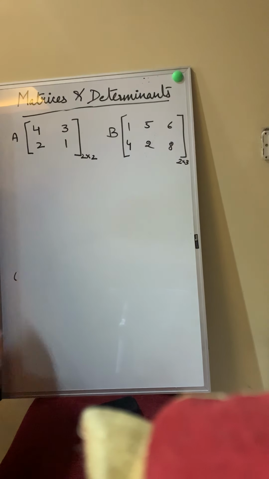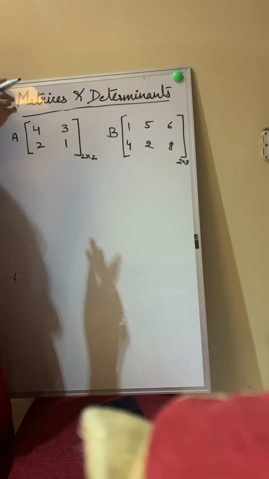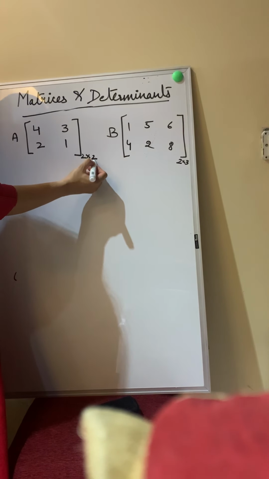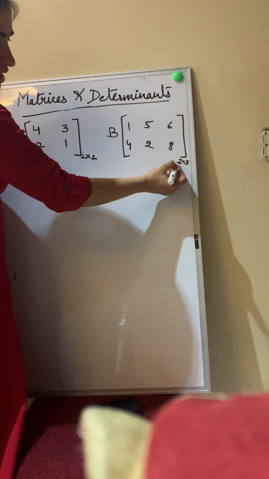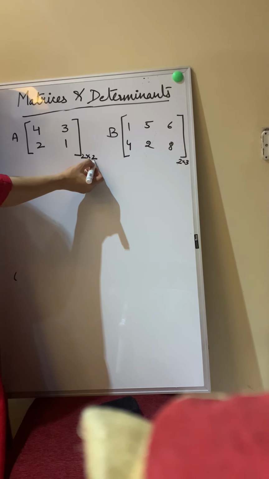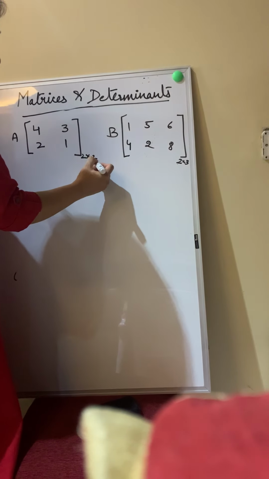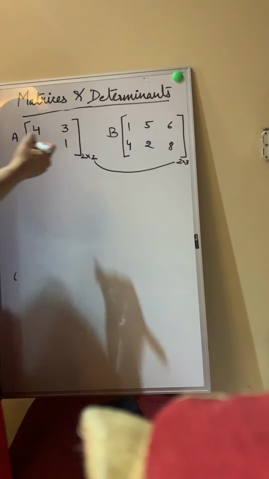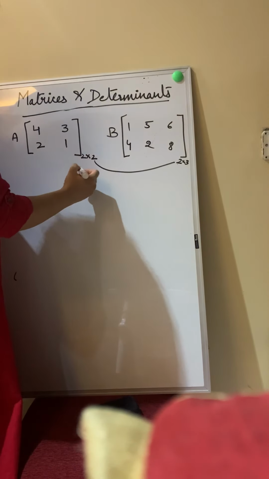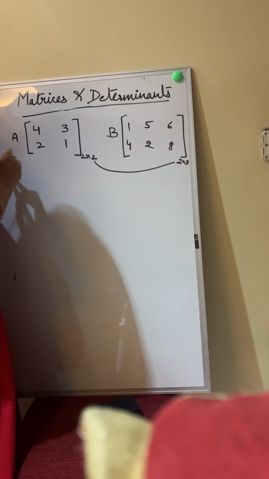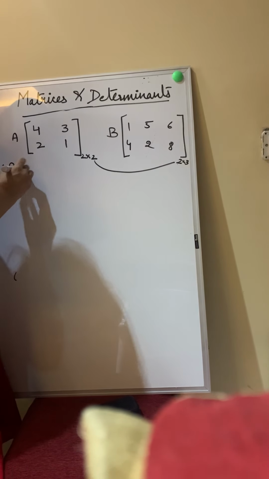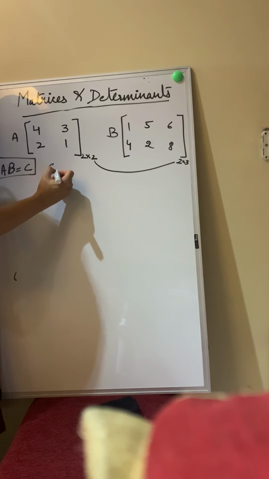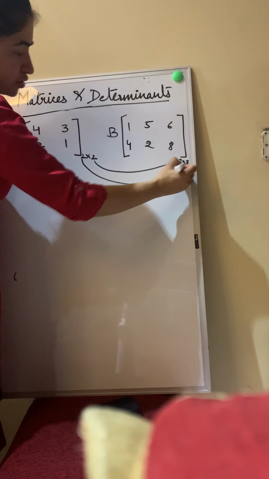Now, as we know that these two matrices can be multiplied, because here n of matrix A is equal to the m of matrix B, and the resulting, let's say, A into B will be equal to C. The order of C will be 2:3.